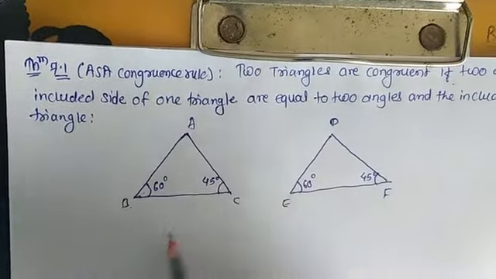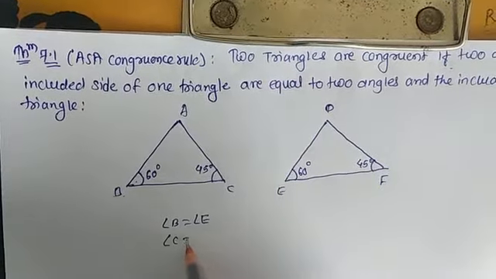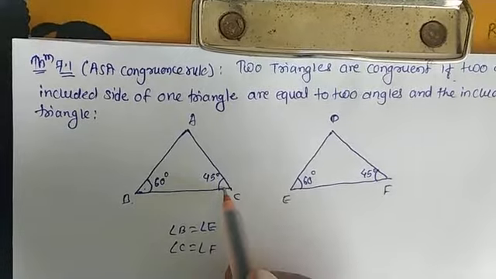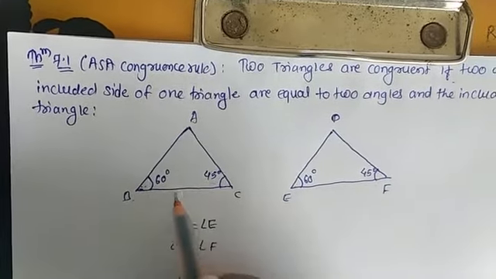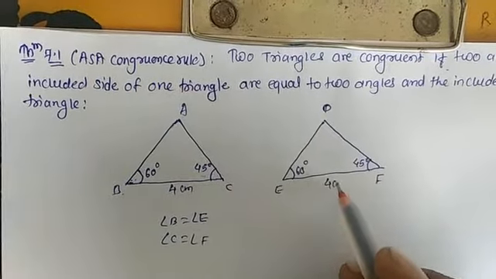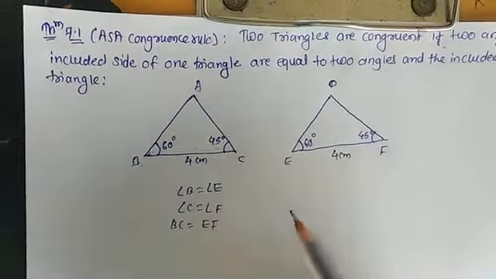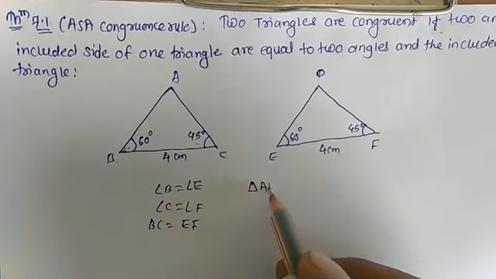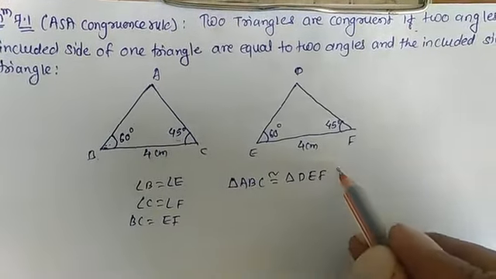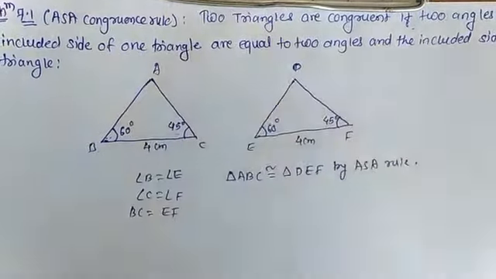Angle B is equal to angle E, angle C is equal to angle F, and the included side, that means the side in between these two angles, which will be BC, will be the same as EF. That means BC is equal to EF. Then triangle ABC is congruent to triangle DEF by the ASA congruence rule.